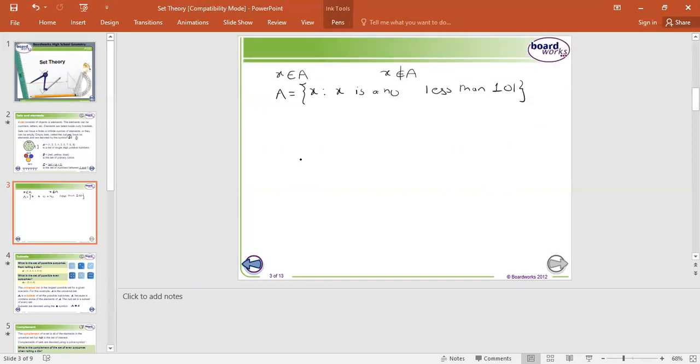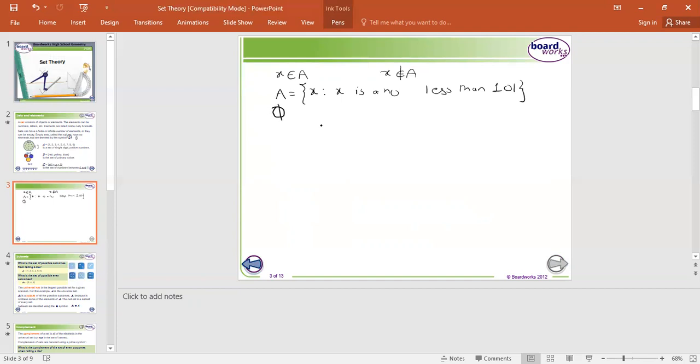Next, there are different types of sets, like the empty set. Okay, the empty set is a set that contains no elements. Usually the empty set is represented using this symbol. This is the symbol for the empty set.